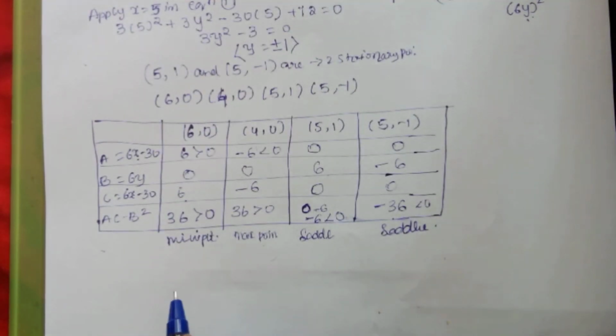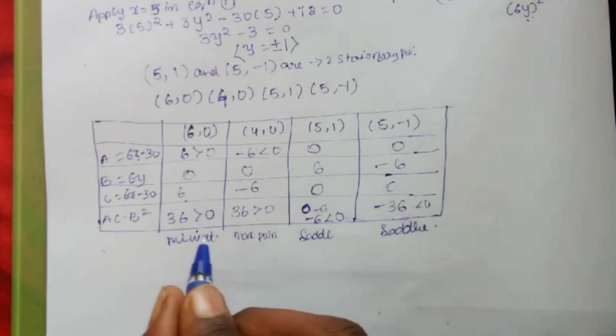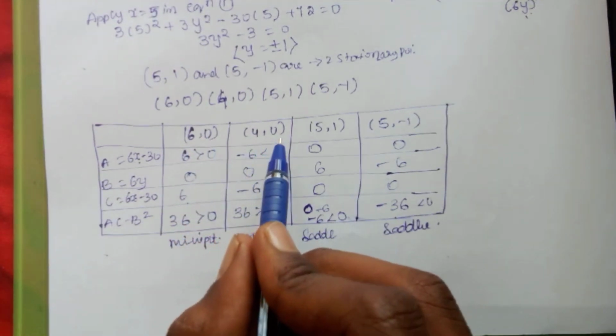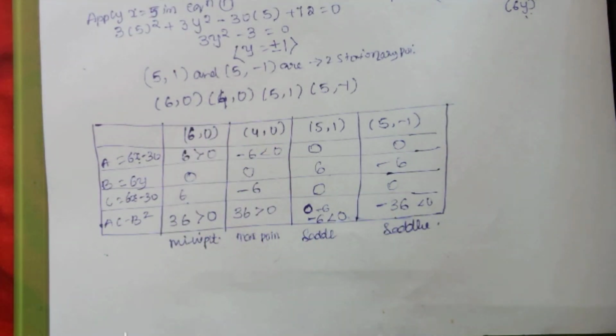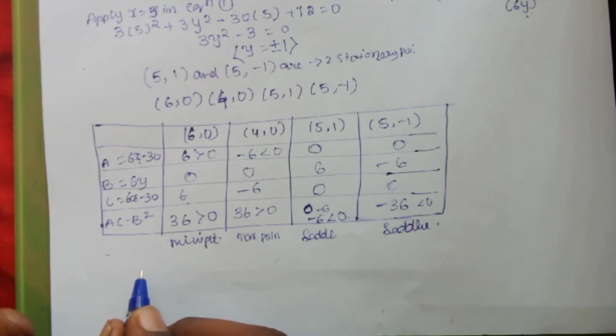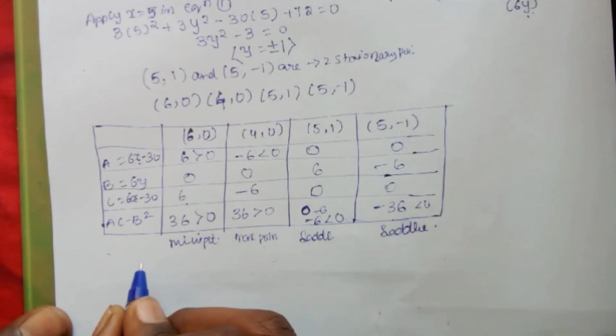Then, when we apply (6, 0) and (4, 0) in the given equation, we get the minimum and the maximum value.